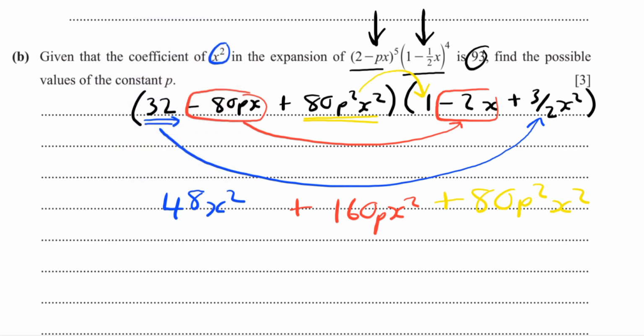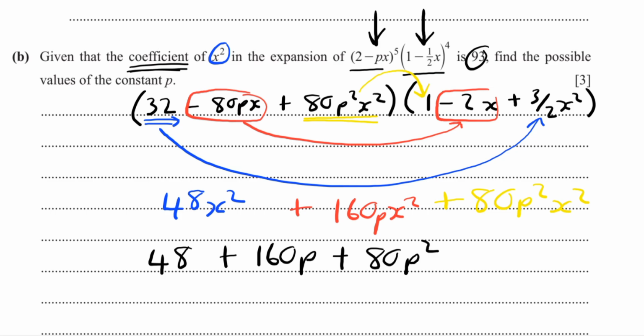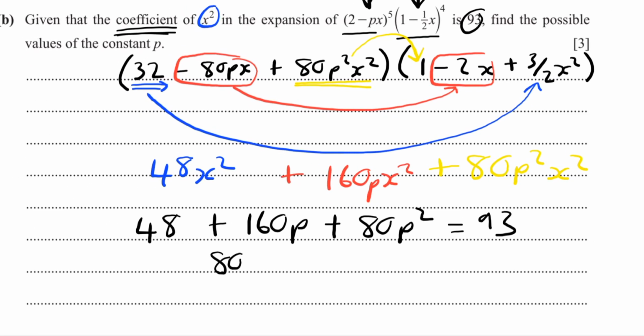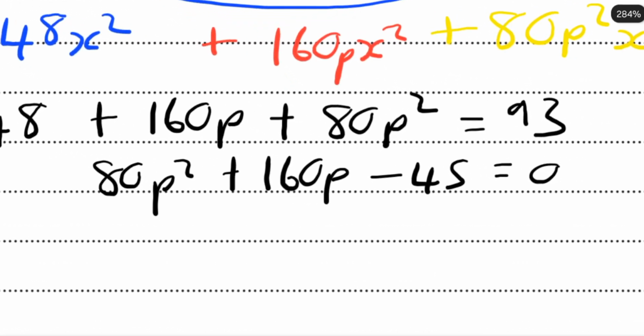So for us now to get the coefficient of x squared, it will be 48 plus 160p plus 80p squared, and we're told that this is 93, right? So it will be 80p squared plus 160p, then our 48 minus 93, minus 45, equals 0. And to solve this, we're going to use the quadratic formula.